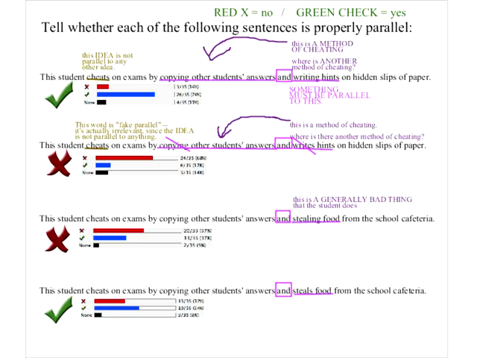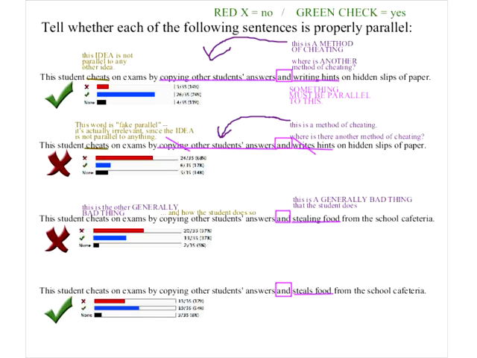So where is there another generally bad thing? Well, this is the other generally bad thing, cheat on exams. Copying other students' answers is a lesser priority, and this is how the student does it.